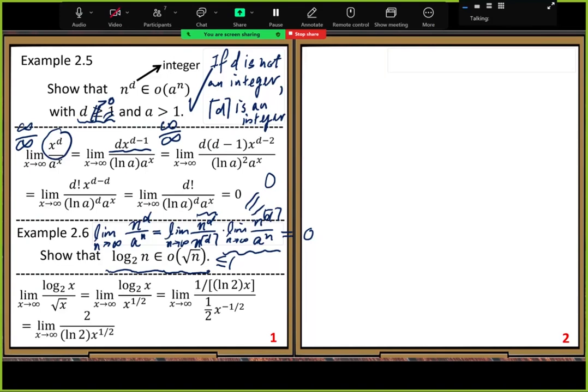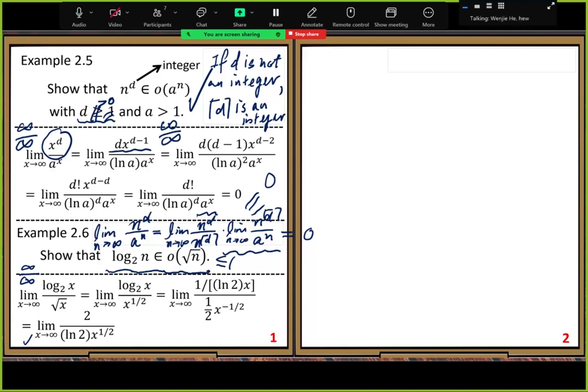After the simplification, we have this form. Before we applied L'Hopital's rule, it was an infinity over infinity indeterminate form. But at this point, it's not an infinity over infinity indeterminate form, so we cannot apply L'Hopital's rule a second time.